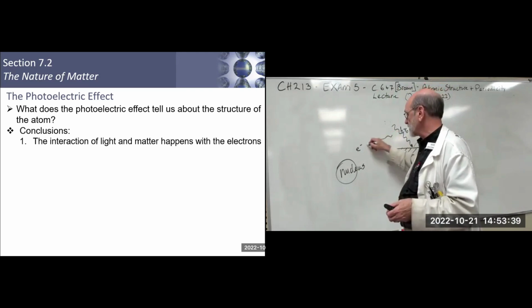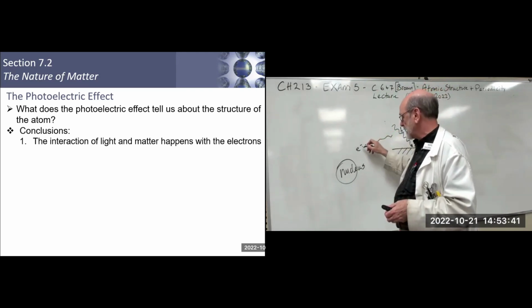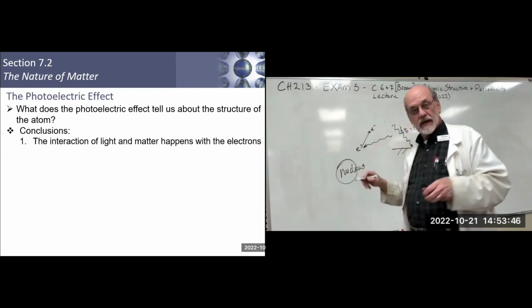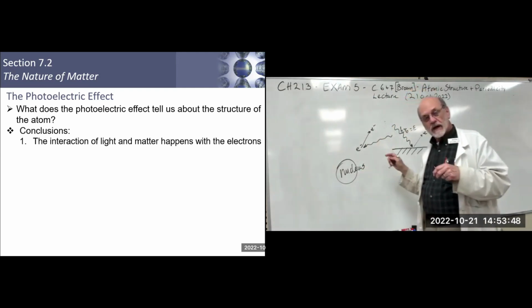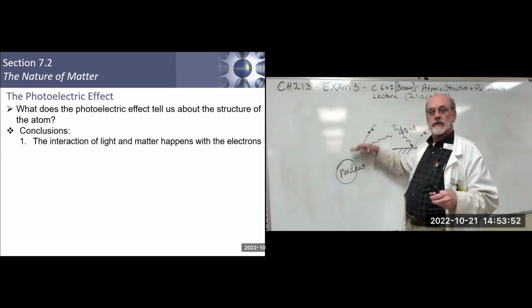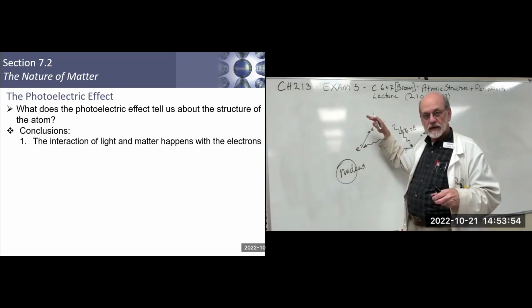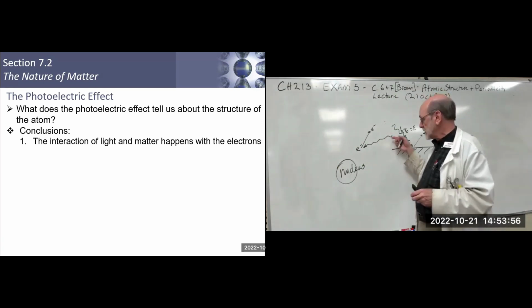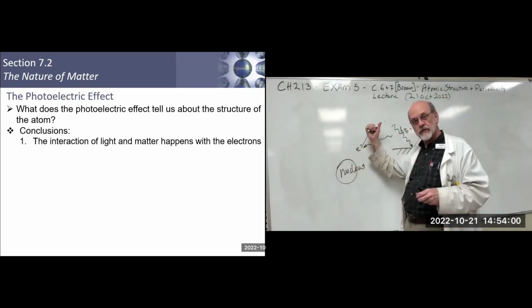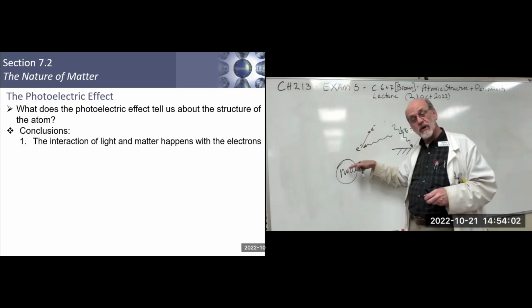If enough energy comes in, then it promotes this electron to a higher energy level. And notice that lower energy levels are closer to the nucleus and higher energy levels are further from the nucleus. And that's based upon the fact that you have to add energy to the electron to promote it, to move it further away, because it's being attracted by protons.